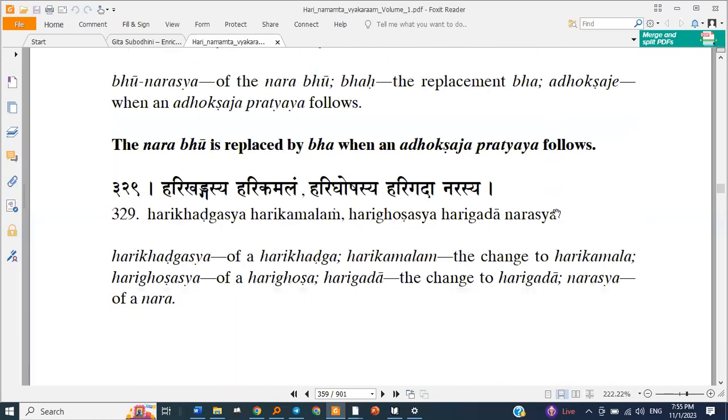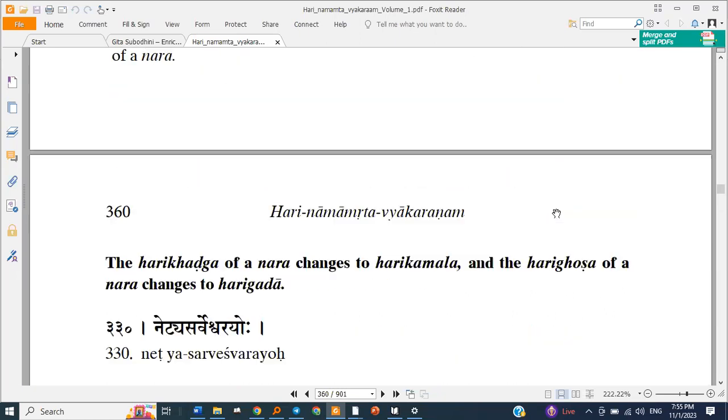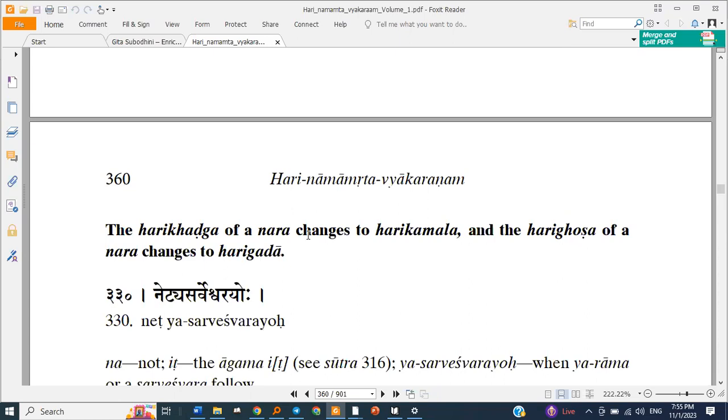Hari Khadgasya Hari Kamalam, Hari Ghoshasya Hari Gadanarasya. So if a Nara is Hari Khadga, it changes to Hari Kamala. And if it is Hari Ghosha, then it changes to Hari Gada.